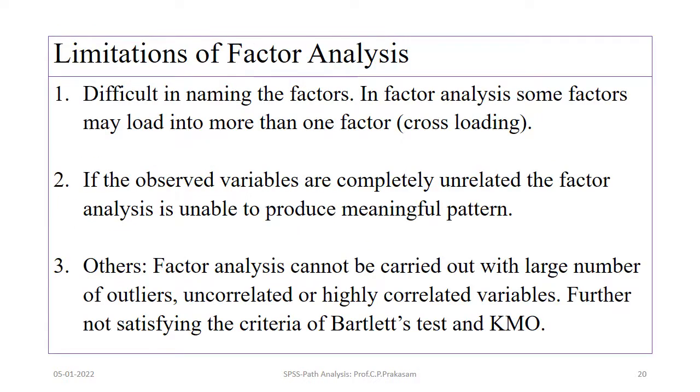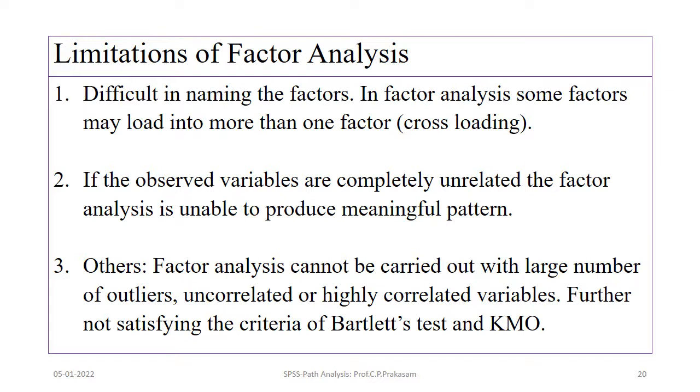Then comes the limitations of factor analysis. It is difficult to name the factors. Here we have got 4 factors, and what name to give depends upon the researcher. In factor analysis, some variables may load onto more than one factor, that is cross loading.